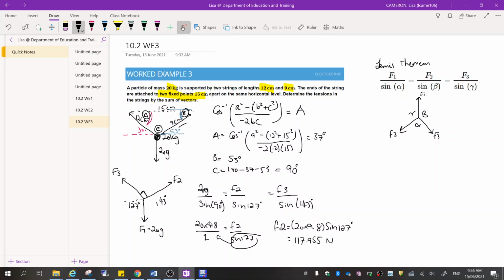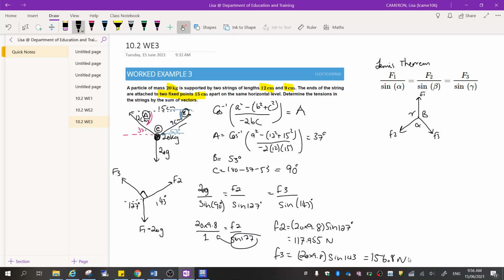Now, our F3 force is going to be the same algebra. We're going to take this across. So that means the force F3 is going to be equal to 20 times 9.8, bracket, times sine of 143 this time, which is going to give you 156.8 newtons.